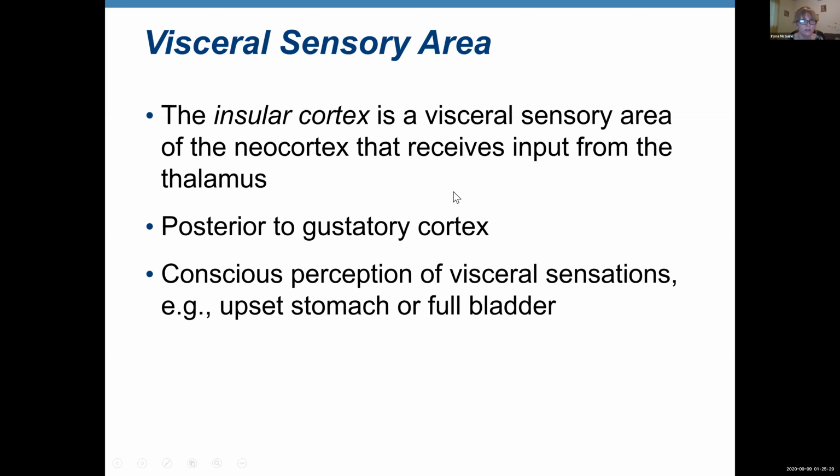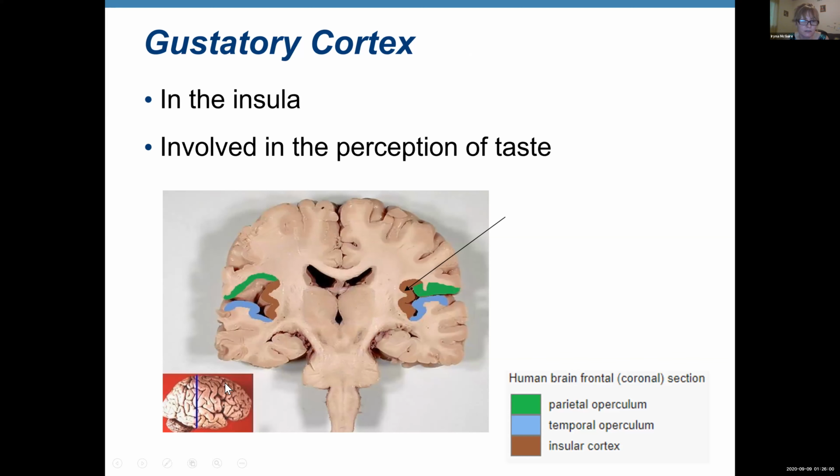Your brain receives this information from your visceral organs, but you have no idea. I have no idea whether my blood pressure right now is low or high, right? But some visceral information reaches your consciousness, goes to this visceral sensory area, which is also in the insula. This is how you feel that your stomach is upset or your bladder is full. It's kind of posterior in the insula area.